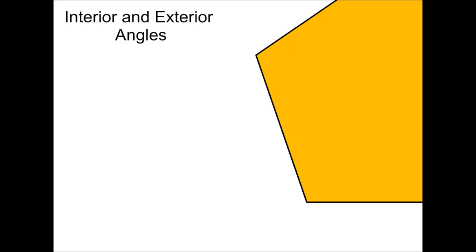There's a way in which interior and exterior angles are linked. If I draw on the exterior angle for this one, imagine that as a continuation of the straight line here, going across.